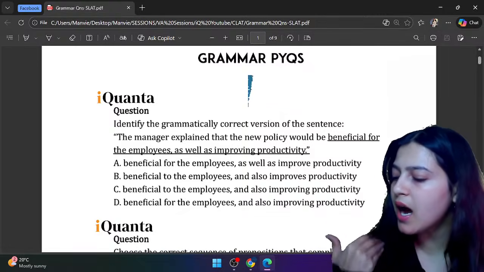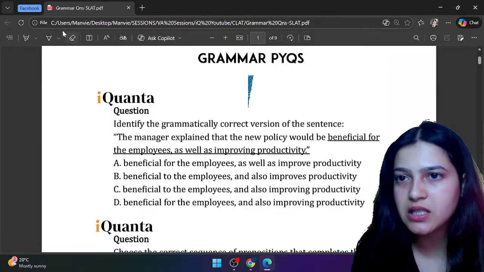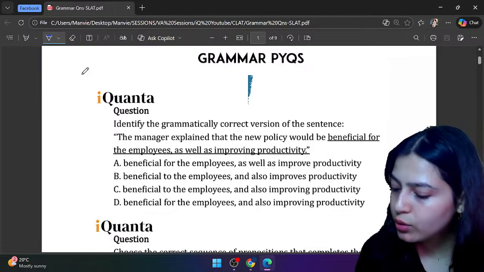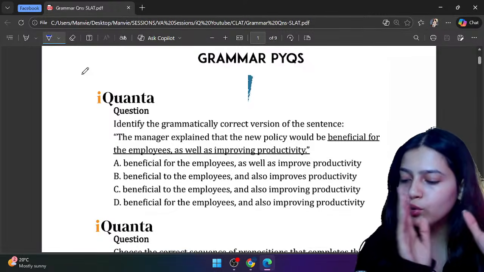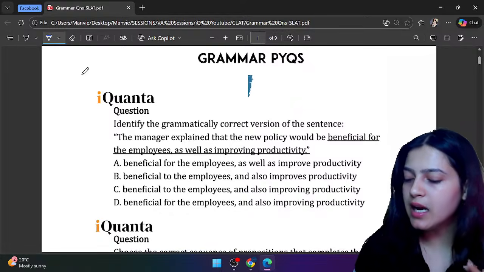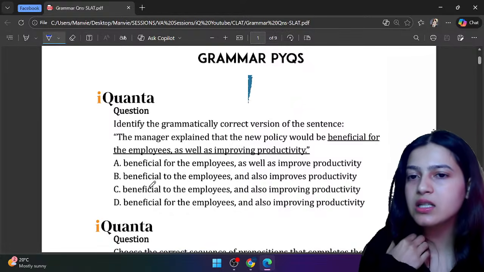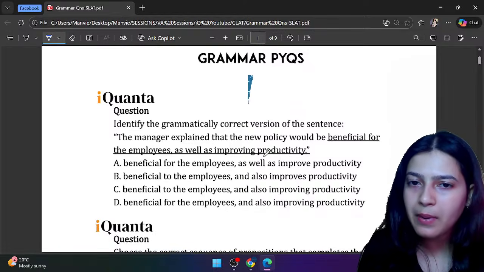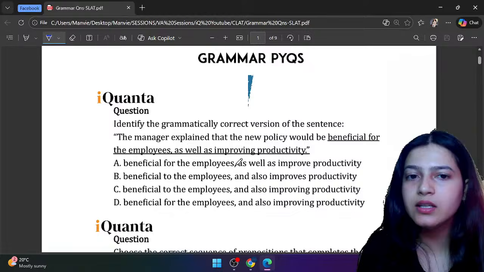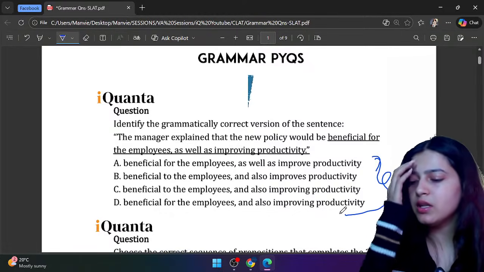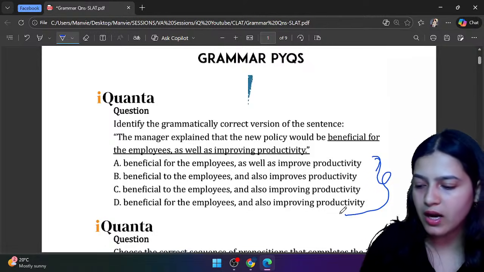Please start giving the answers here so that I know what you think about the paper and how you analyze the questions and the options. Which one is the correct answer according to you? A, B, C. This is the underlined part that you need to correct. Here are the options given. Select the best option that you feel should be the answer.